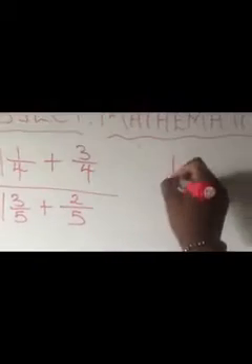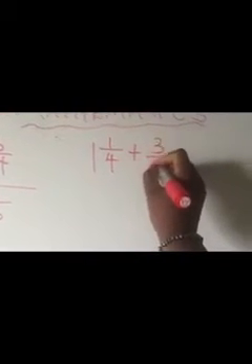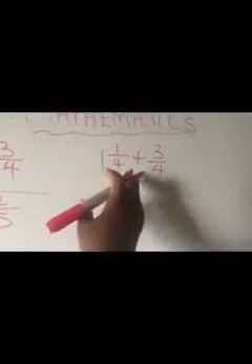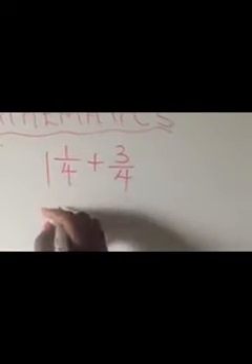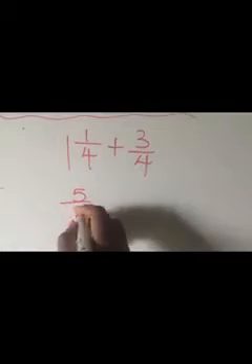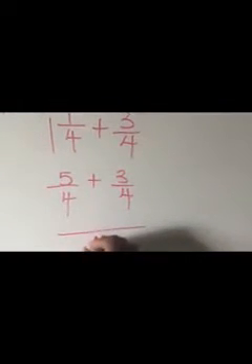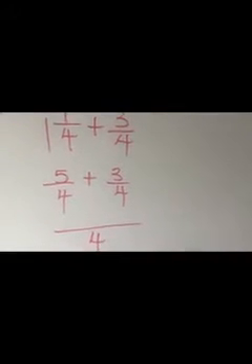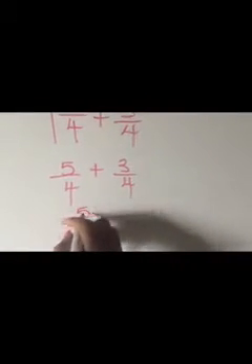So what we do, we bring this out, one whole number, 1 over 4 plus 3 over 4. We can change this to a fraction without a whole number. So it will be 5 over 4 plus 3 over 4. The LCM of 4 and 4 is 4. 4 divided by 4, 1. 1 times 5, 5.